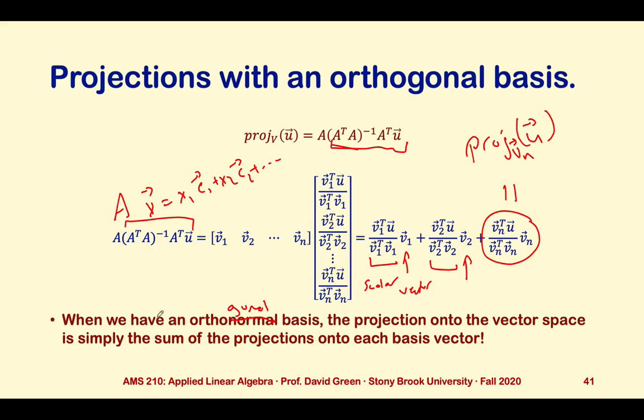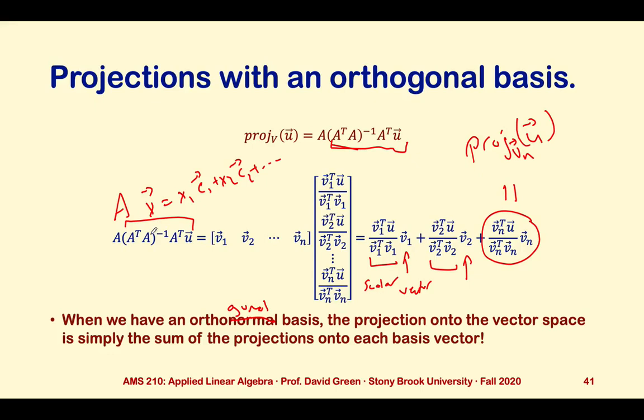We can simply write the projection as a sum of individual vector onto vector projections. Very important to note, this only works when we have an orthogonal basis. This result depended on us having a diagonal A transpose A.